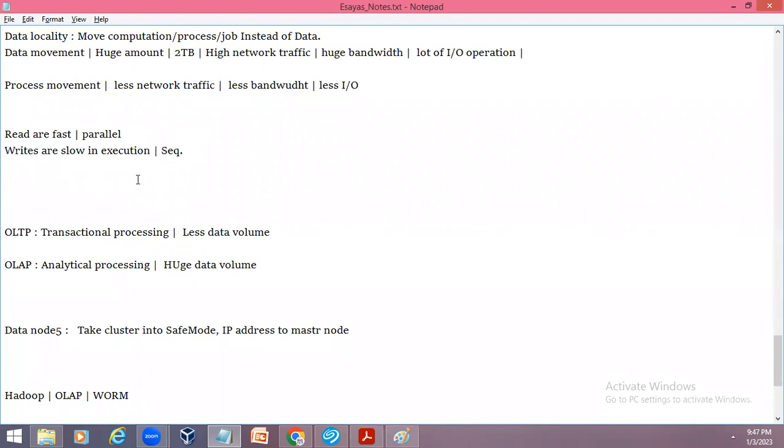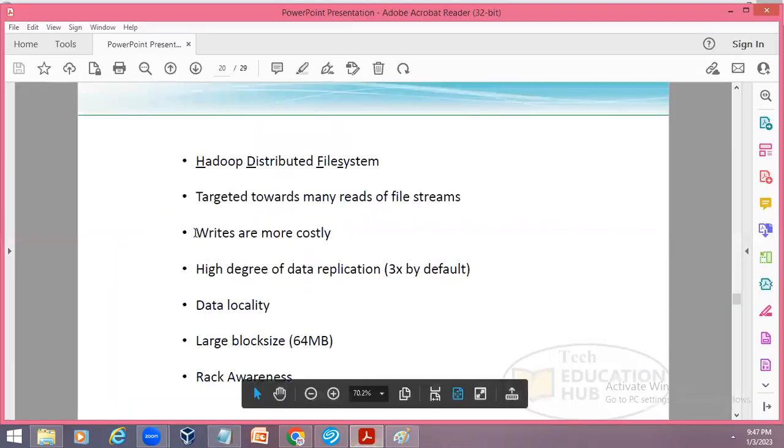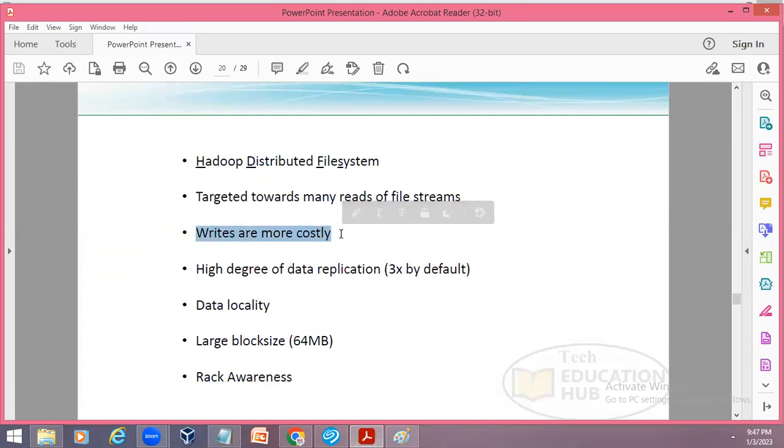Okay, clear on this? Shall we move ahead? Obviously writes are costly. That's why it is not advisable to do it again and again. Writes are costly, slower, sequential, and it's not an OLTP system.